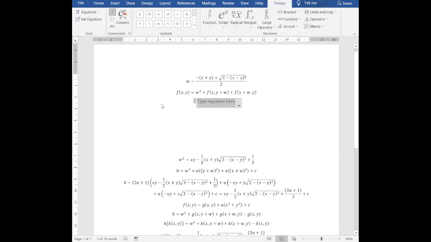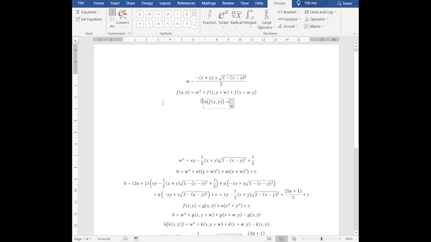So let's go. First off, I'm going to define the function h of f of xy to be equal to this minus this.